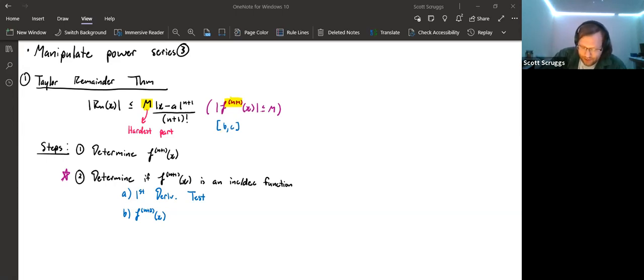And what step 2 is going to tell you is which of those endpoints in my interval b to c I'm going to be working with.